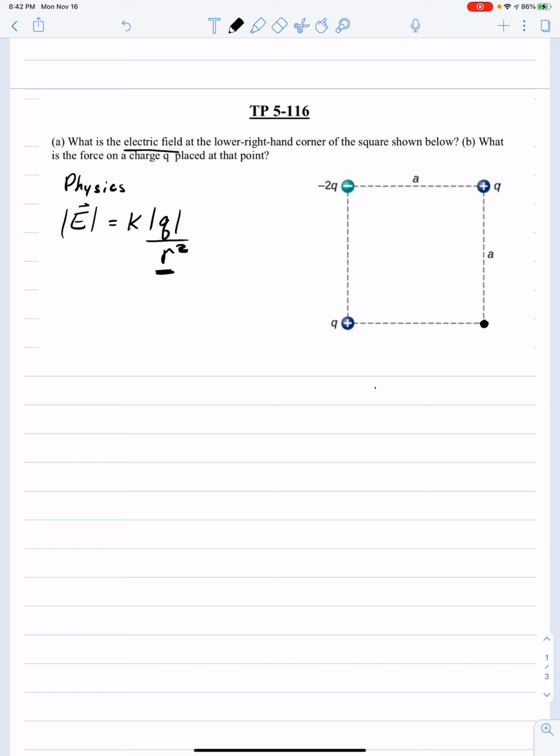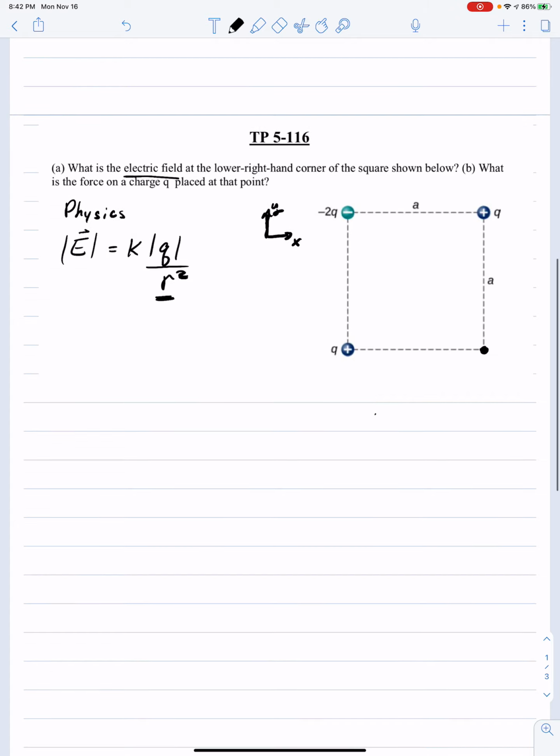You identify that the positive x direction is to the right and the positive y direction is going upwards. I will also name the point that we're studying as point P.